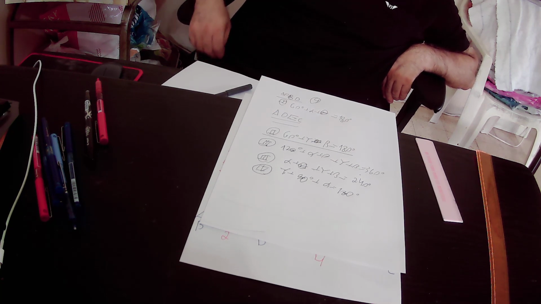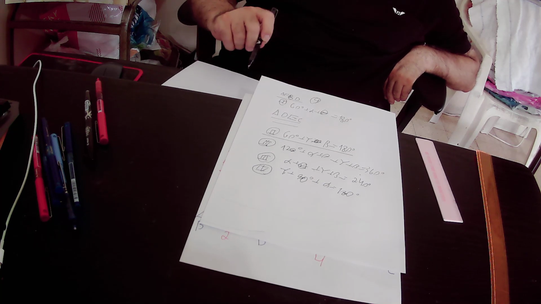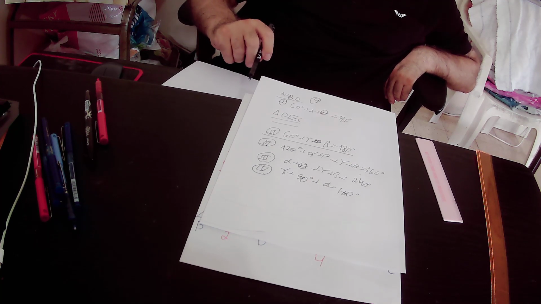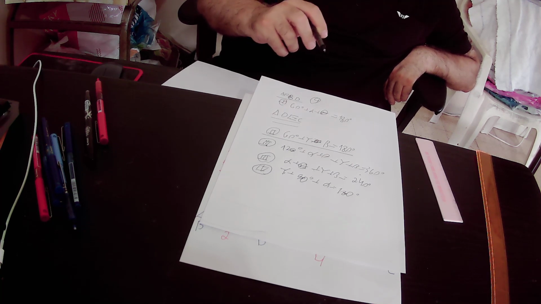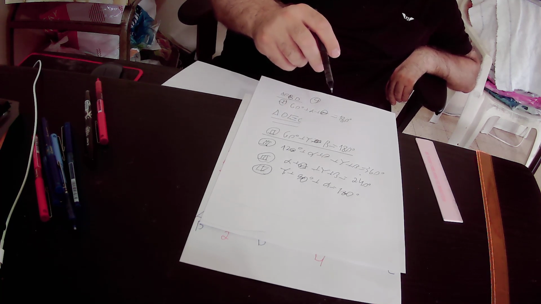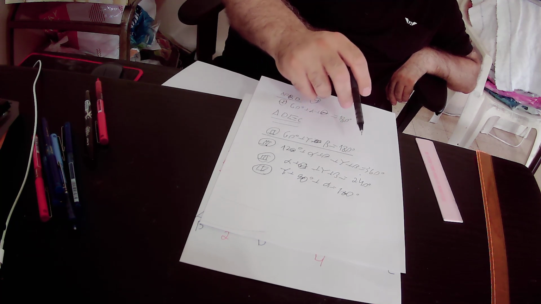Okay, and so again, question number 4 states that the sum of the angles at a certain point at the upper side of any straight line or line segment equals 180 degrees.